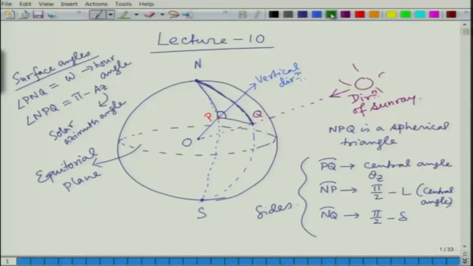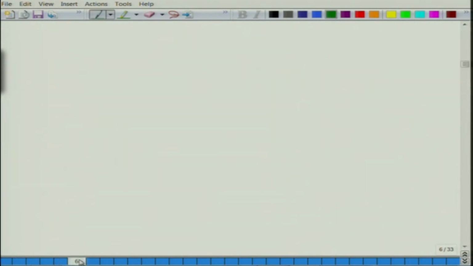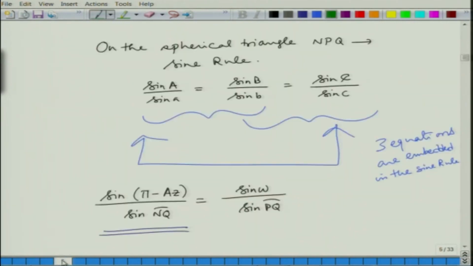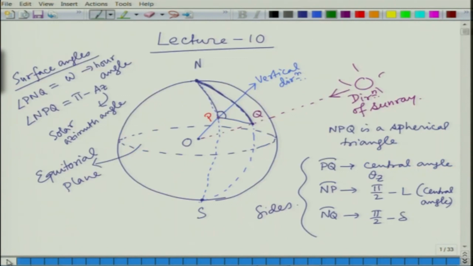And for the other one, the second term that we are equating to is sin omega divided by sin PQ. If you go to that triangle, omega is this angle, and the opposite side to that is this PQ.